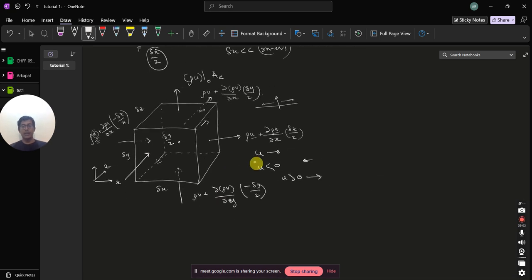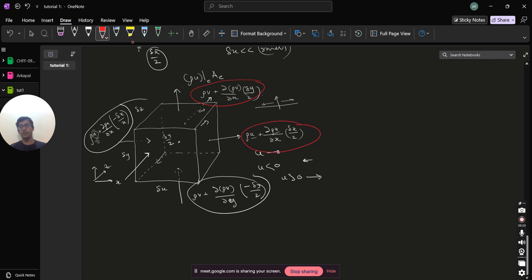We see that in this control volume, this flux is entering the domain. This flux is entering the domain, while this flux and this flux are out of this domain, right? Here the fluxes are going out, pointing outwards.